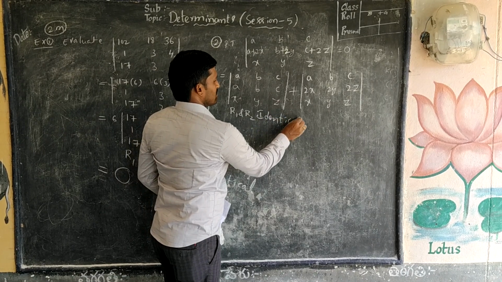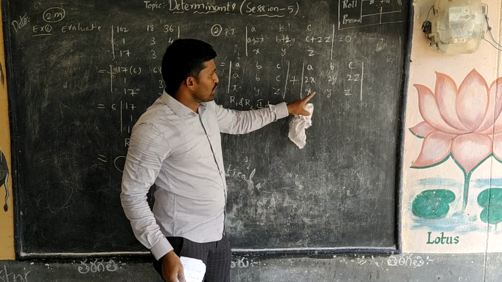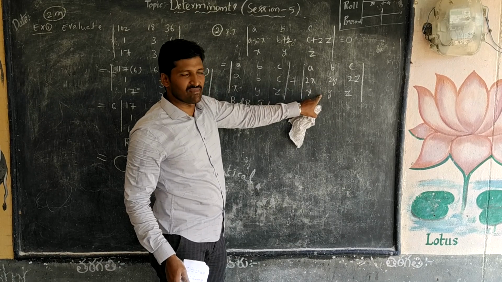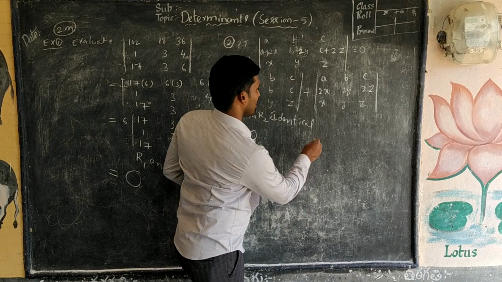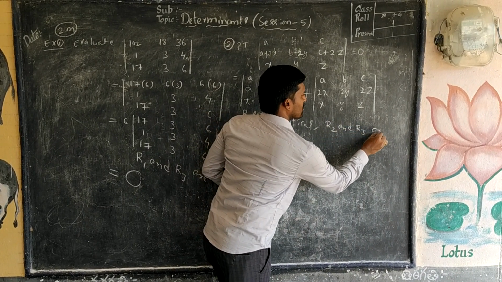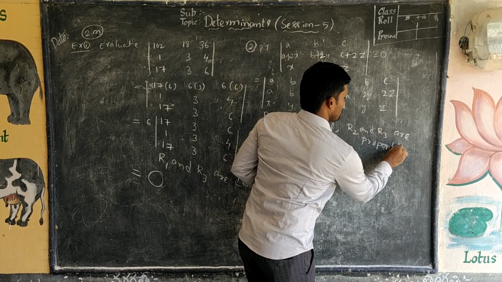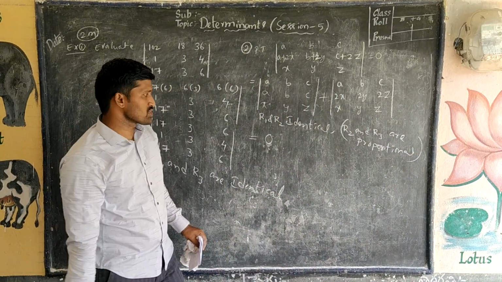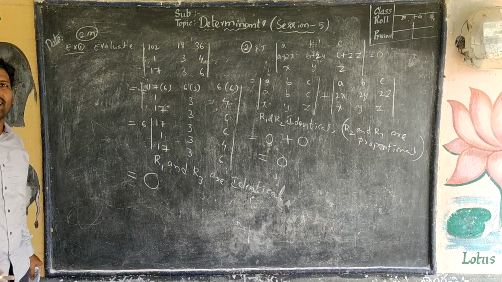When identical, the value of the determinant is 0. In the other one, 2 rows are proportional. Which are proportional? R2 and R3, because for these 2 rows, the common ratio 2 is there. So clearly R2 and R3 are proportional. When 2 rows are identical and 2 rows are proportional, what value will we get? 0. Now here 0 plus 0, what will we get? 0.